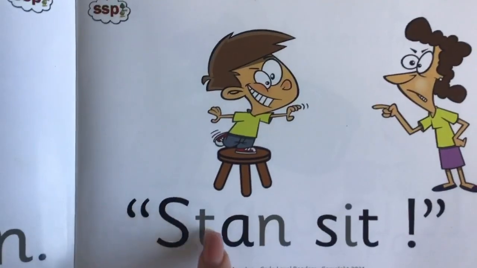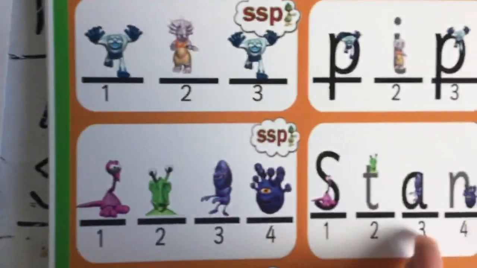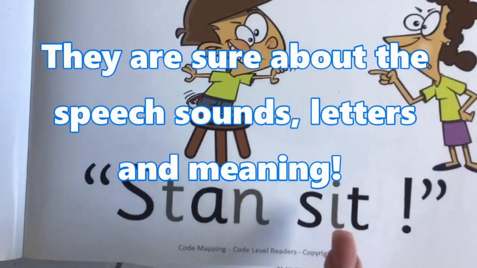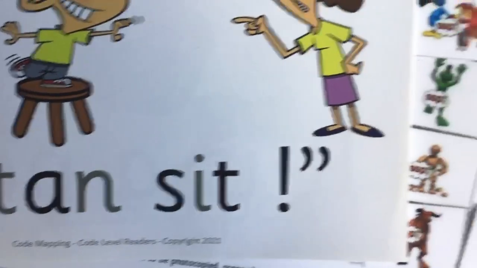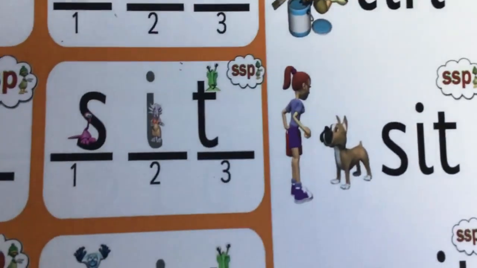So when they see this, st, at and stan, they've already seen it before. Stan, sit. They've already seen it before. It, sit.